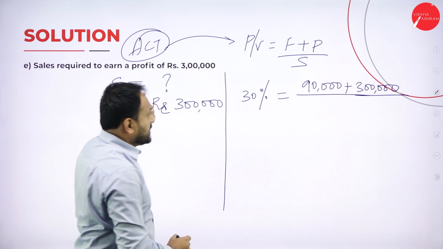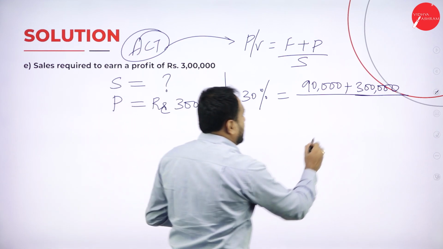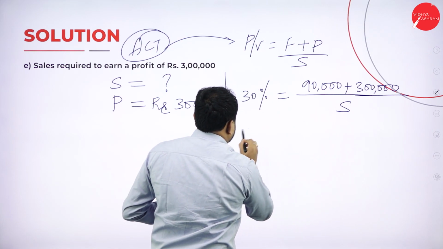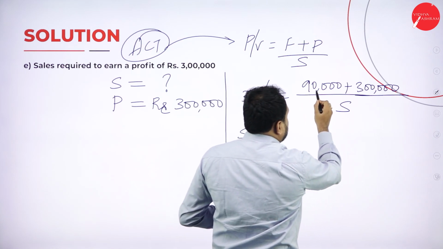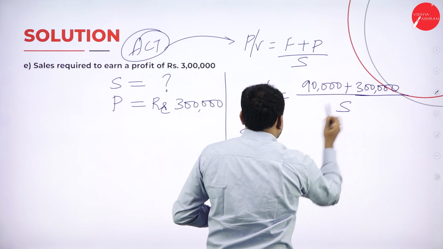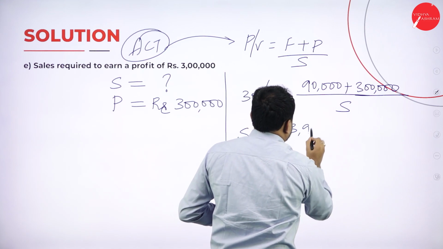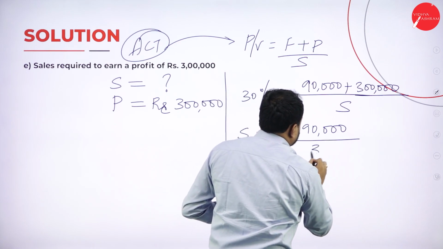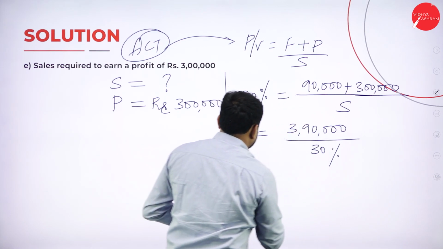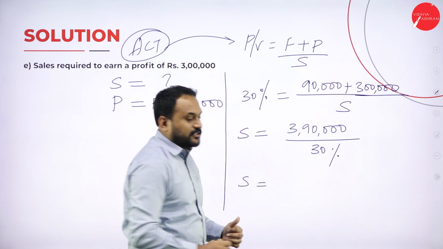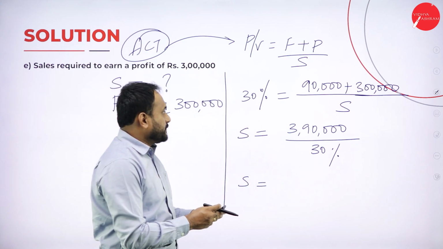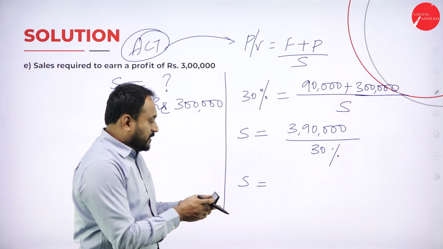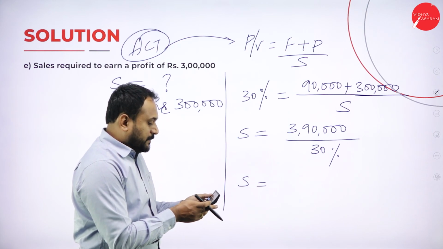And what is the sales? I don't know my sales here, so I'll write here sales. Now the sales will go here, PV will come. That means S is equal to 90,000 plus 3 lakh, that is 3 lakh 90,000, divided by 30%. Take your calculator: 3 lakh 90,000 divided by 30%.